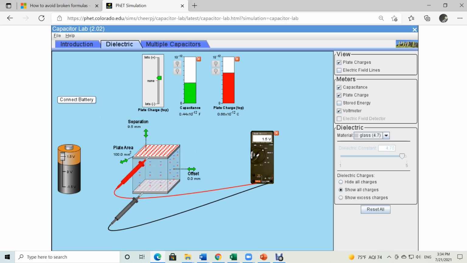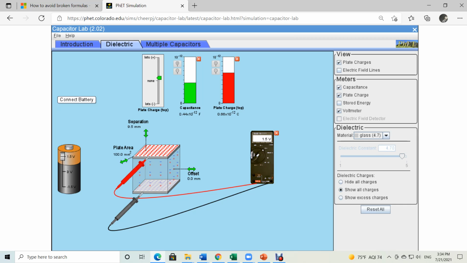Now, if we disconnect the battery, then the potential difference, the energy between the plates, is going to change, because there is nothing holding it constant, okay? In this case, it increases when I take out my block of dielectric material.